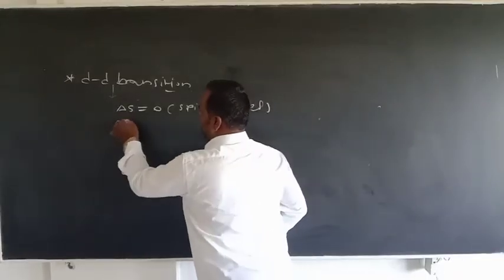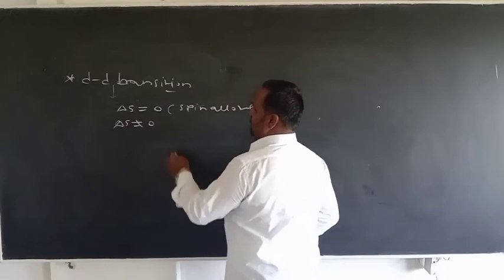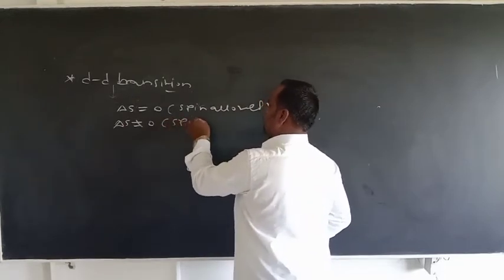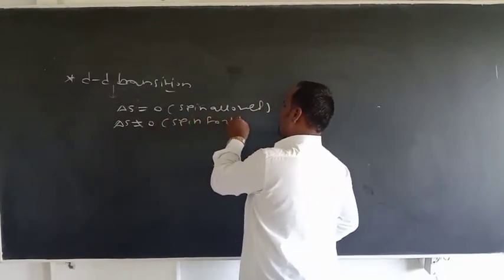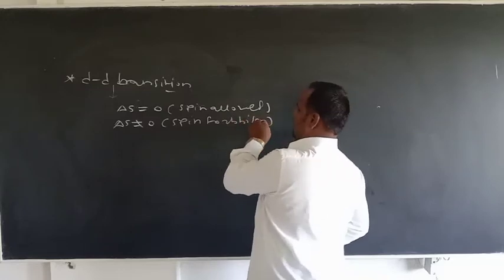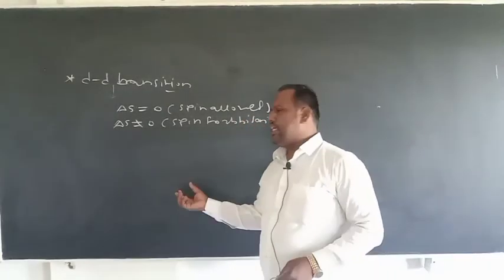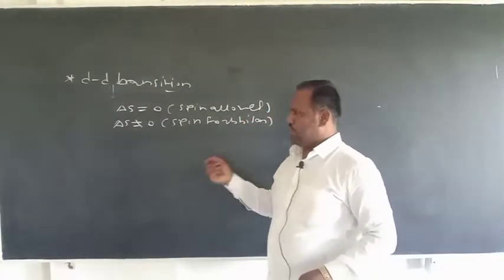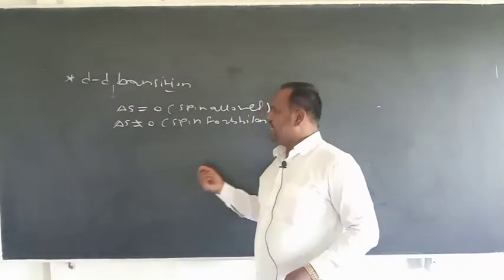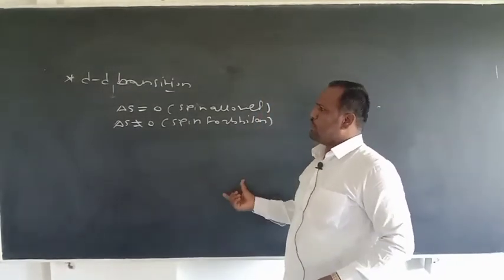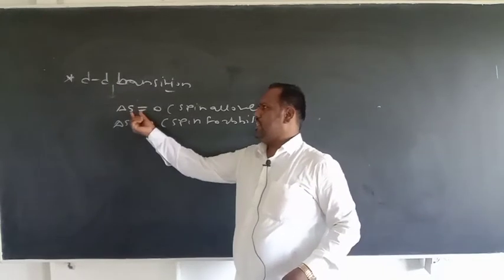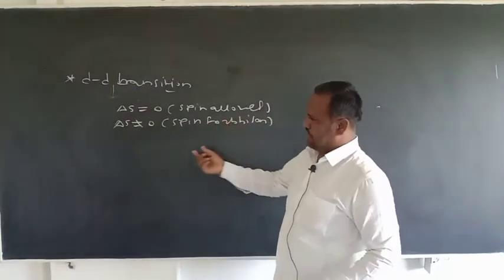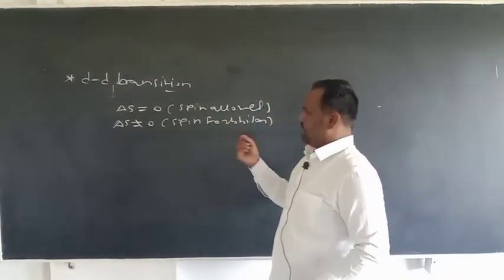And if delta S is not equal to 0, then it is spin forbidden. These d-d transitions occur by absorption of light radiation. So we know the strong field ligand, weak field ligand, high spin complex, low spin complex, then the selection rule: delta S equal to 0 is a spin allowed transition, delta S not equal to 0 is a spin forbidden transition.